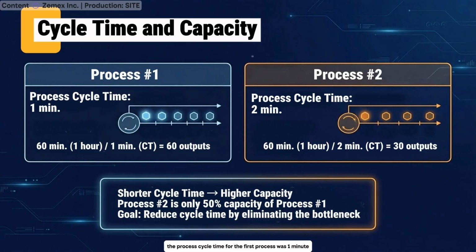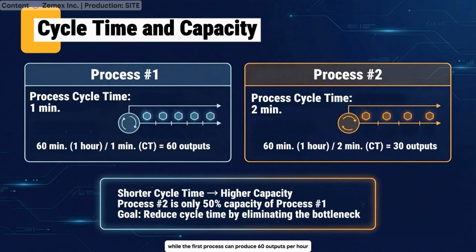Let's think about the capacity. The process cycle time for the first process was 1 minute, and for the second one was 2 minutes. What is the capacity of the first process? In other words, if the first process produces 1 output every 1 minute, how many products can it produce in 1 hour? Simple math: 60 minutes divided by 1 minute of cycle time is 60 outputs.